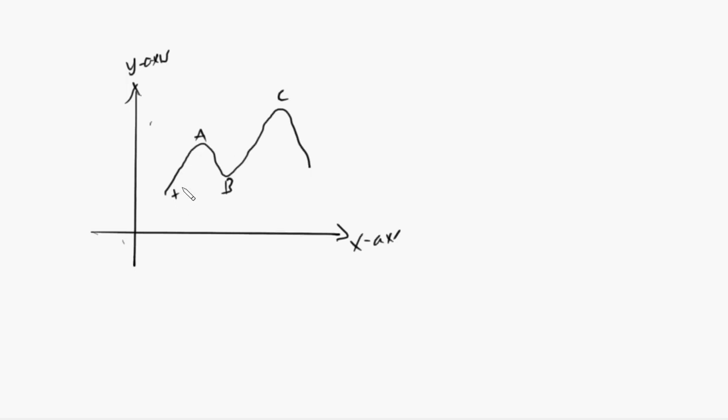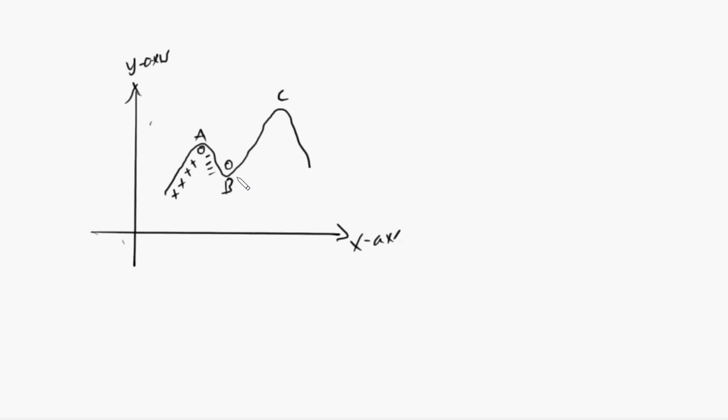So the derivative here is positive, okay? Because as x increases, y increases. But when it gets to the turning point the derivative is 0. Alright? Here now the derivative is negative because you see that as x increases, y decreases. But when it gets to the turning point the derivative is 0. Okay?